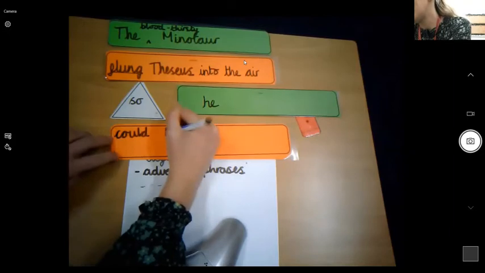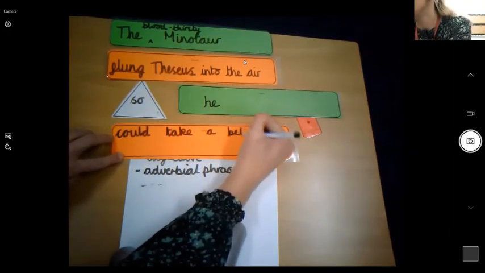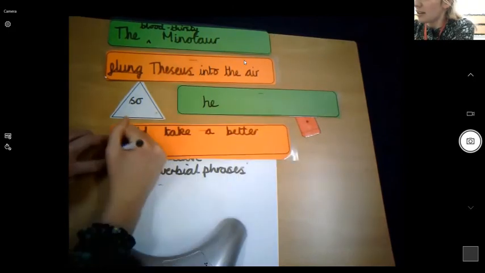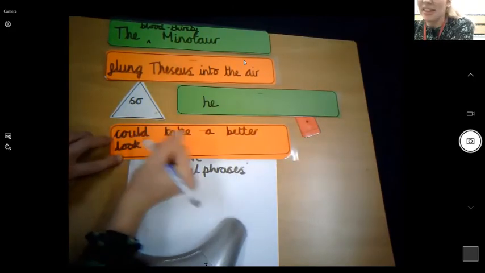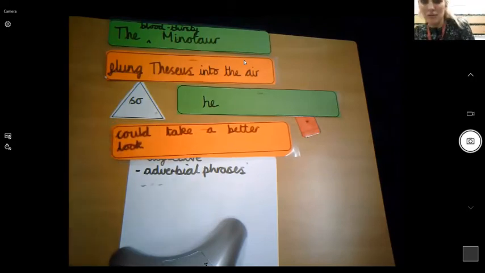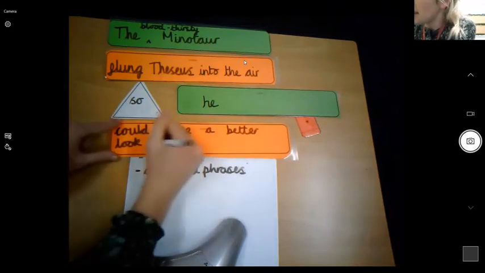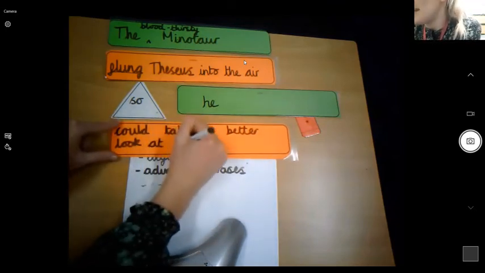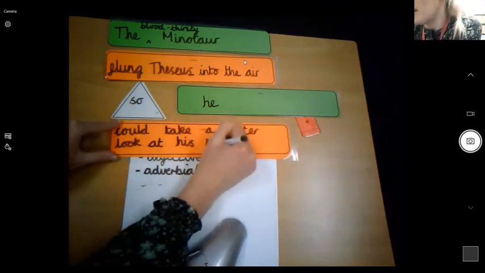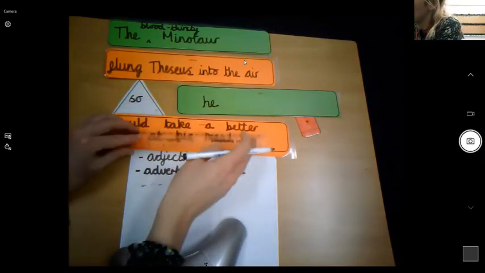could take a better look at Theseus. But I'm going to change Theseus to his meal, because remember, Theseus is the Minotaur's meal. So he could take a better look at his meal. As always, I need to underline my verb.